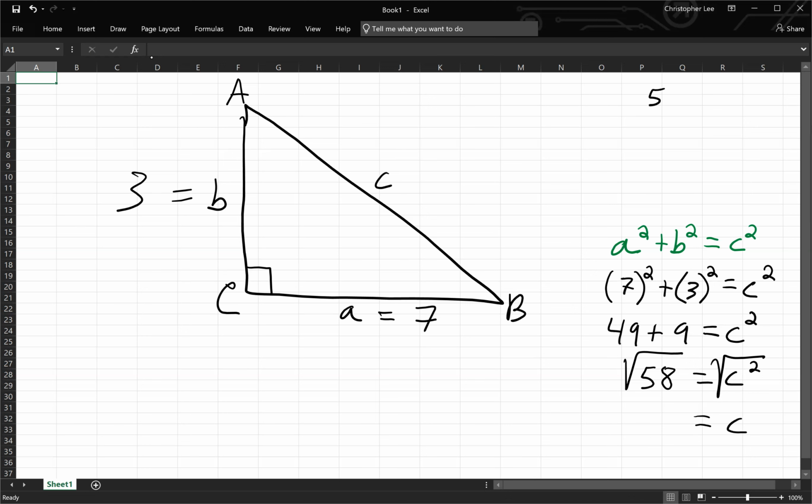I'm going to chop this in two. That's 29. Can 29 get broken down again? It can't be broken down. So then it's just square root 58, if I can't break down 29.